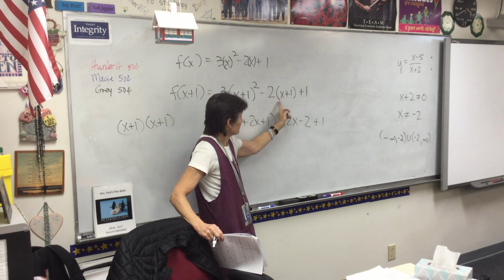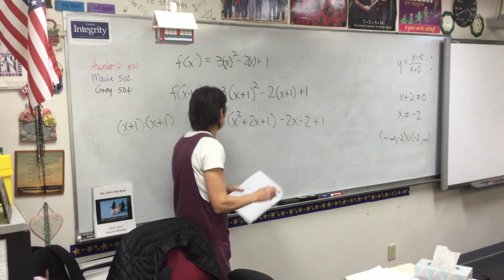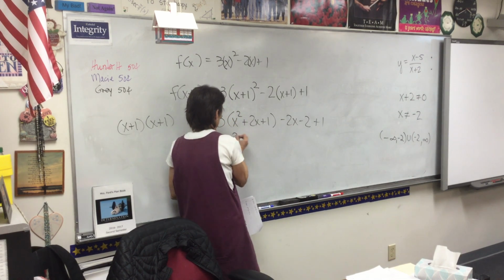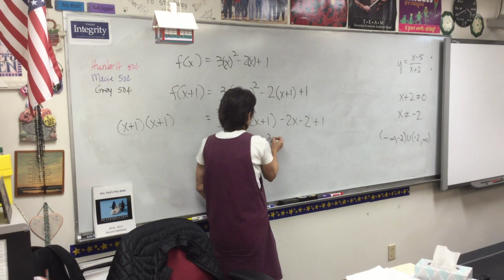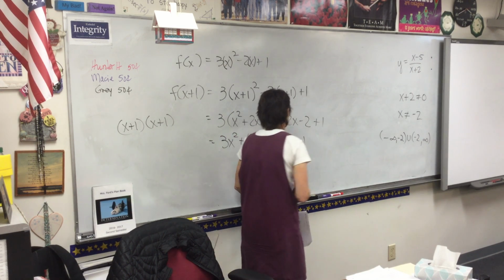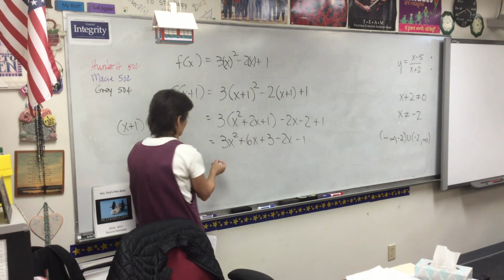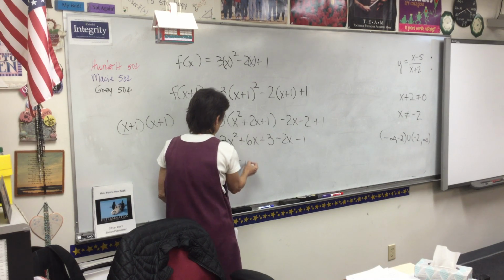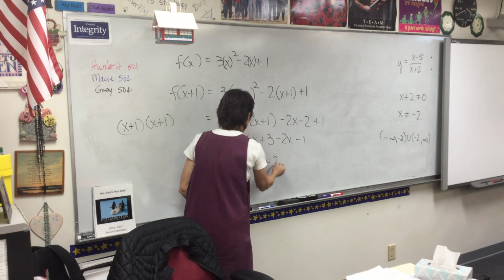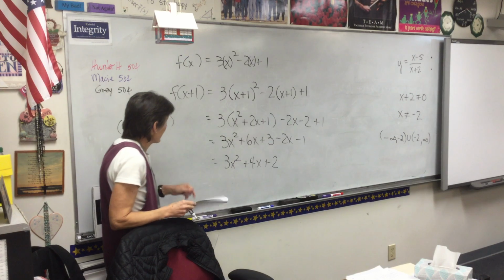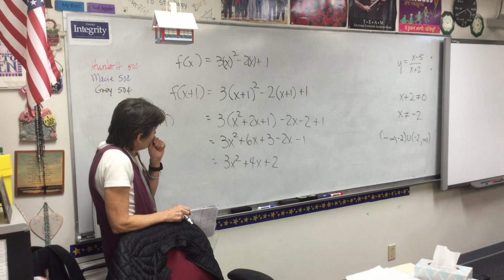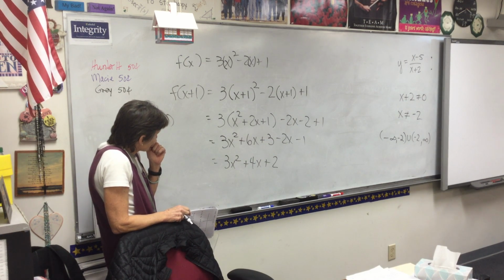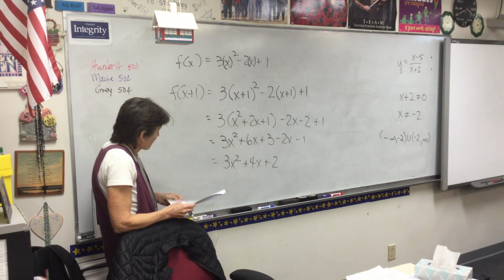So this would be negative 2x minus 2. Now I have no idea. I did that kind of fast. Let's see if that's right. That's what you got?